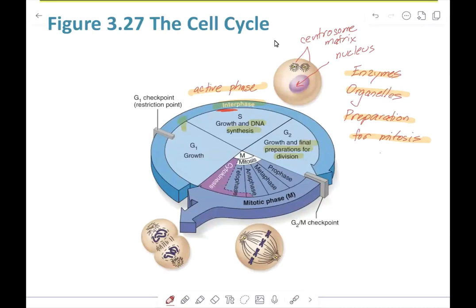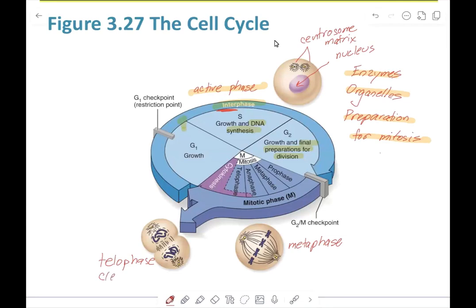So for example, this phase here is metaphase because all of the chromosomal material is lined up in the middle of the nucleus. This phase on the left is telophase, and we know that because we almost have 2 full new daughter cells.